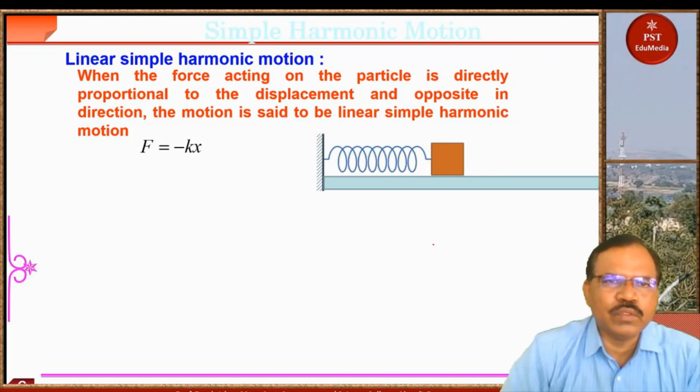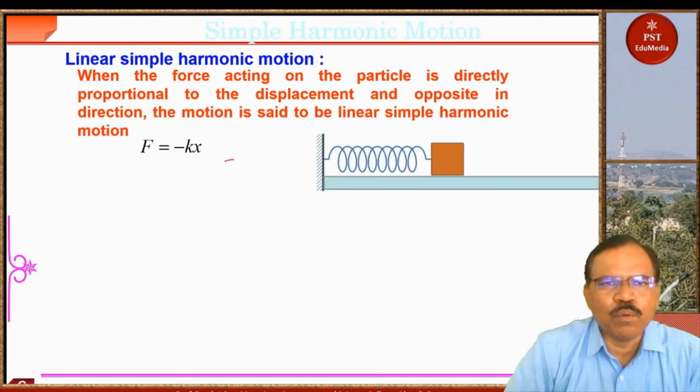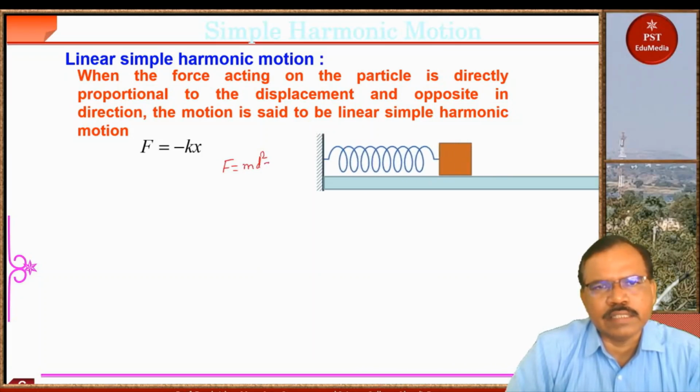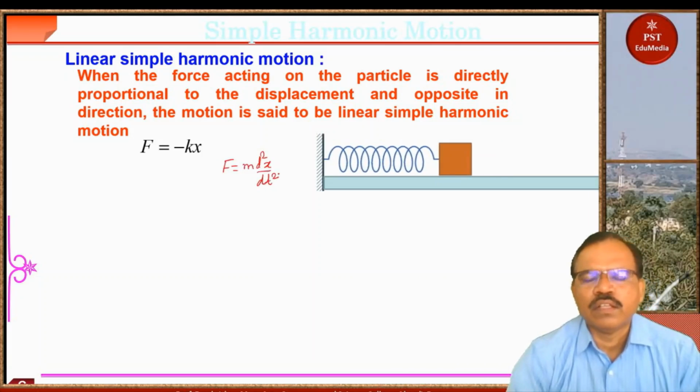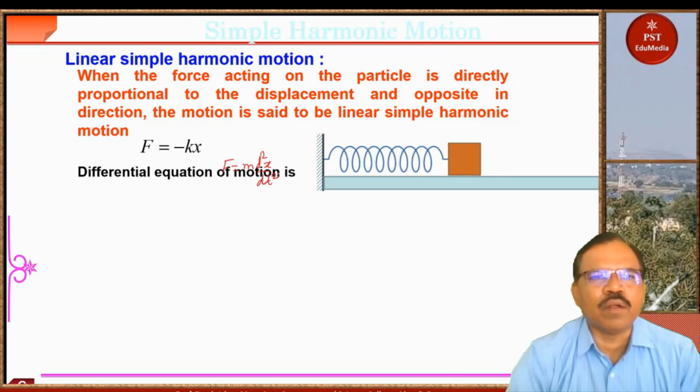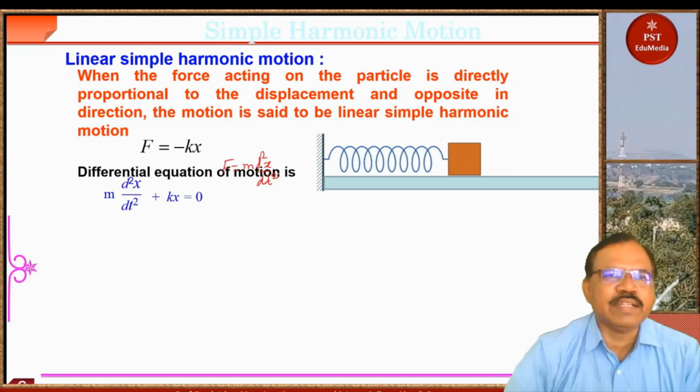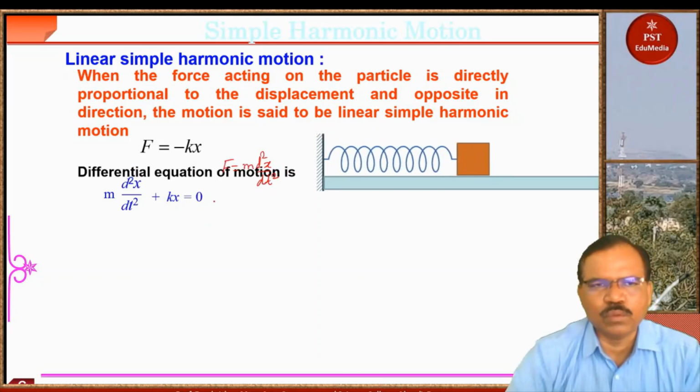Now according to Newton's second law, we know force is equal to mass into acceleration, d2x by dt square. So according to the second law, we will get a differential equation: m d2x by dt square plus kx is equal to 0.